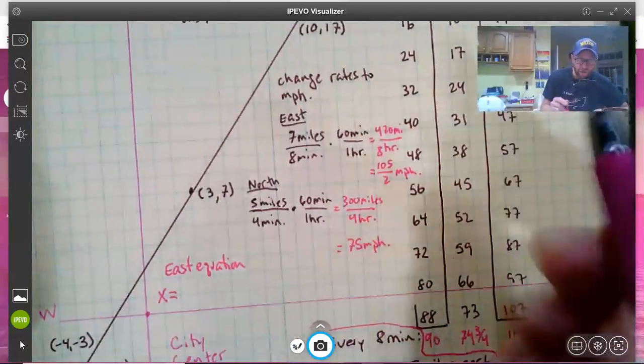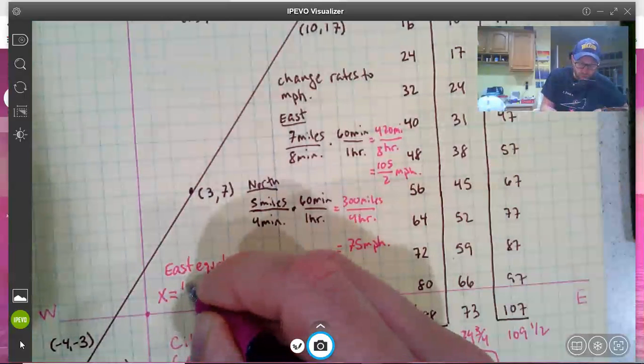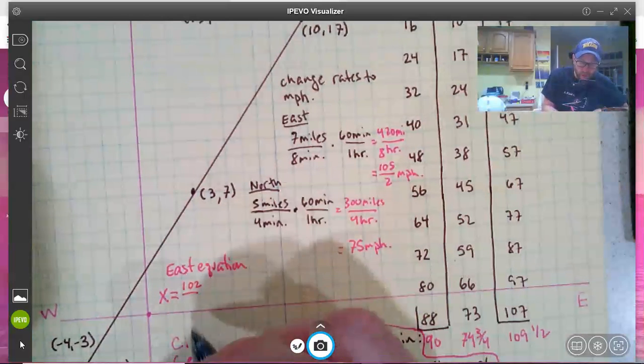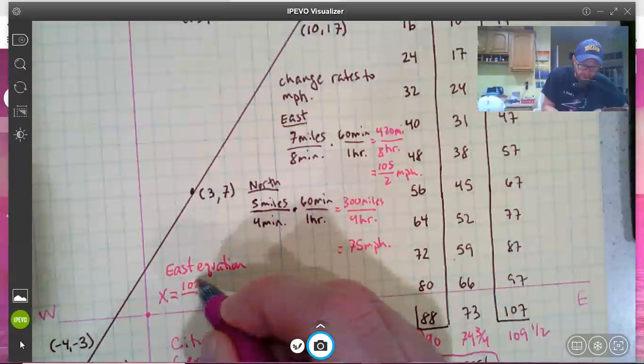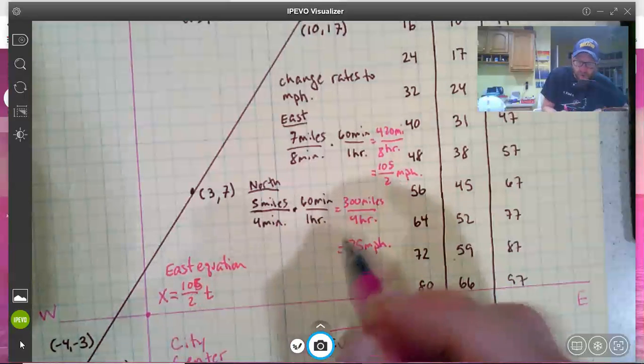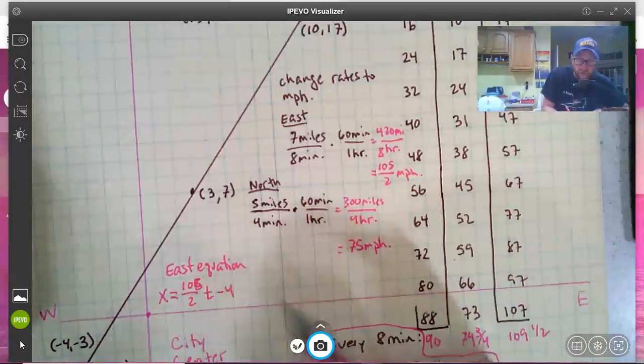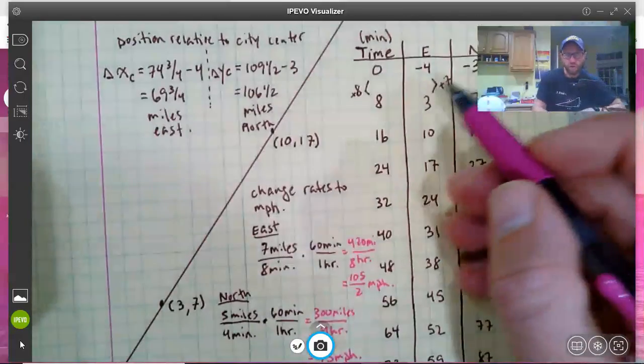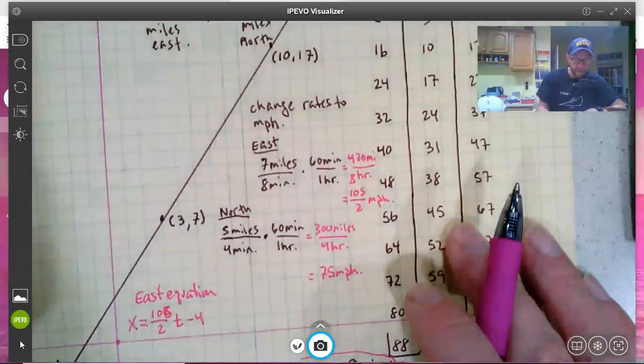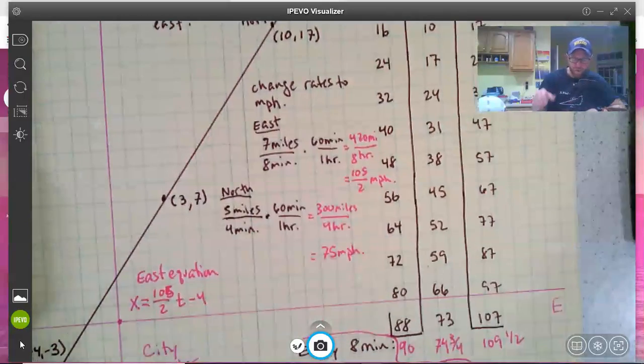So now it's going to be 105 over 2 t, sorry, and it still needs to be minus 4, because we still have to adjust our rule for the fact that we started 4 miles back.